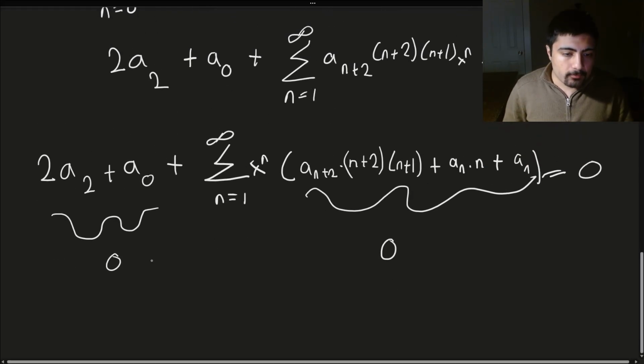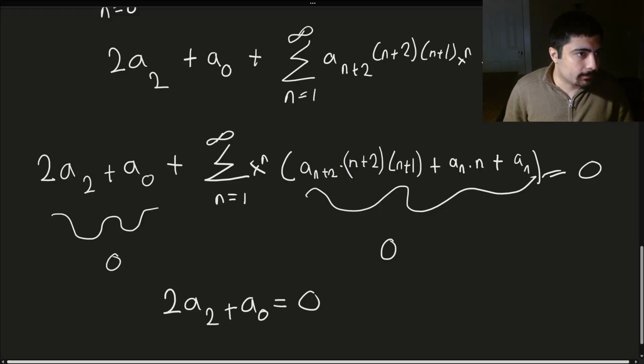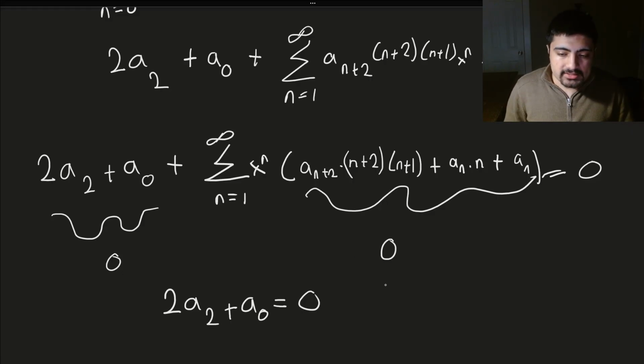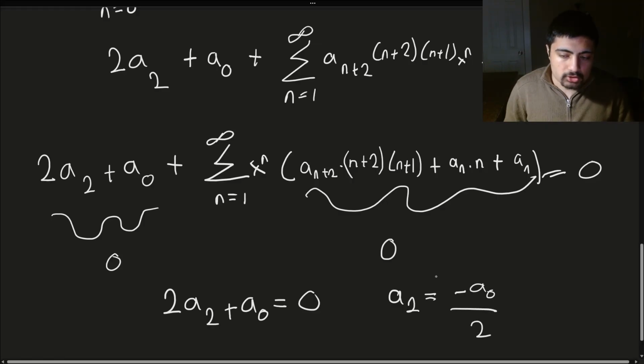So for step 1, we should say that 2a2 plus a0 equals 0. And because this is equal to 0, we can write this in terms of a0, and a2 must be equal to negative a0 over 2. This is the first statement.